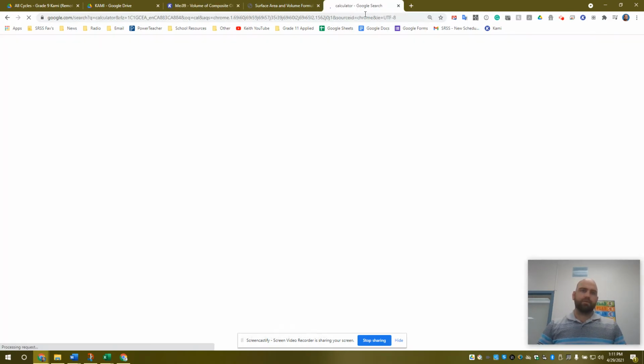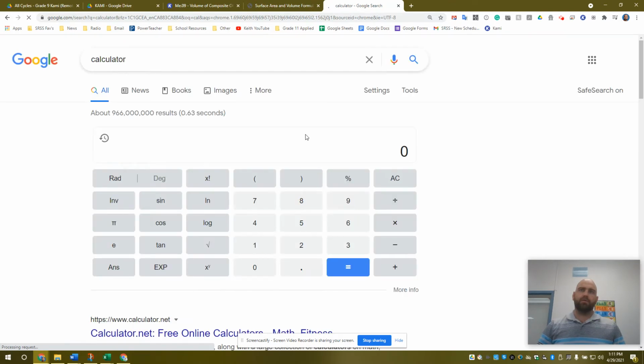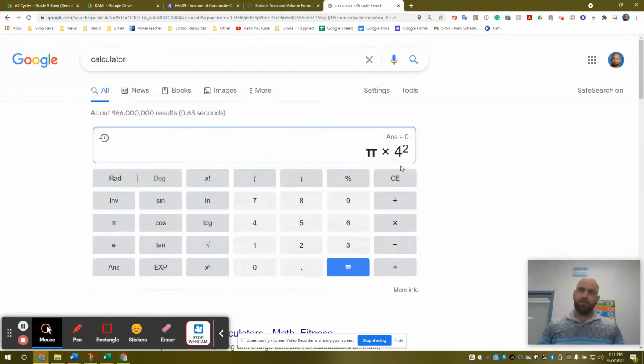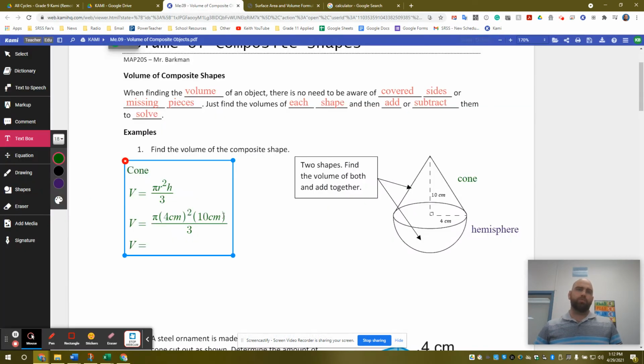When we solve this, we put it into our calculator: pi times 4 squared, times our height, which is 10, and then we divide this all by 3. Remember, it's just the radius that is squared, not the rest of it. So it's pi times radius squared times our height, divided by 3, and we get an answer of 167.55 centimeters cubed.